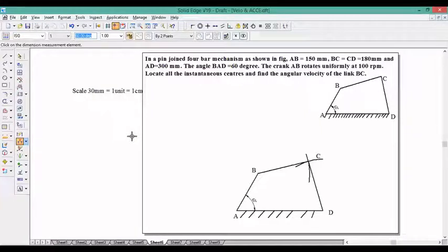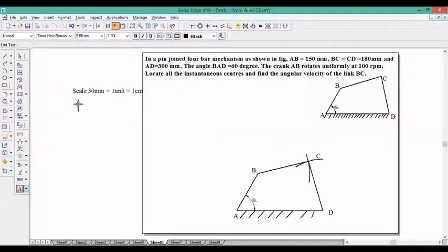Then the second step is identify the number of instantaneous centers using formula n into n minus 1 by 2. So here n, the small n, is 4. We know that 4-bar link consists of 4 links.